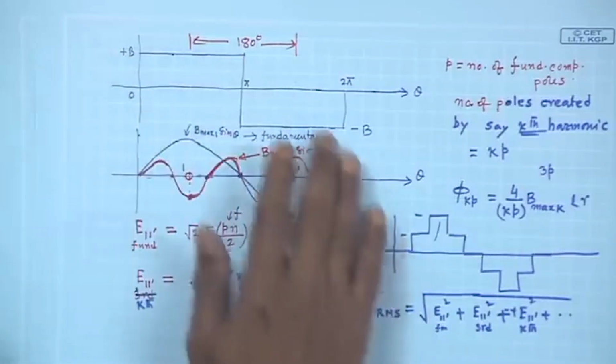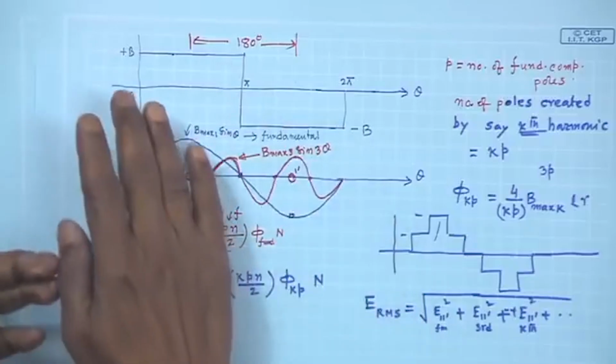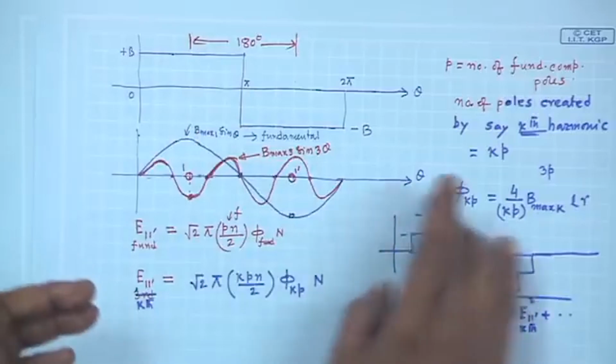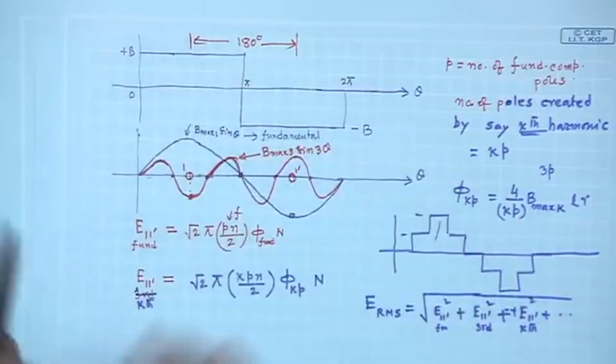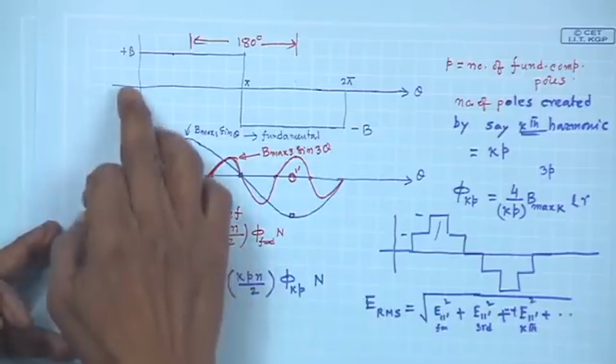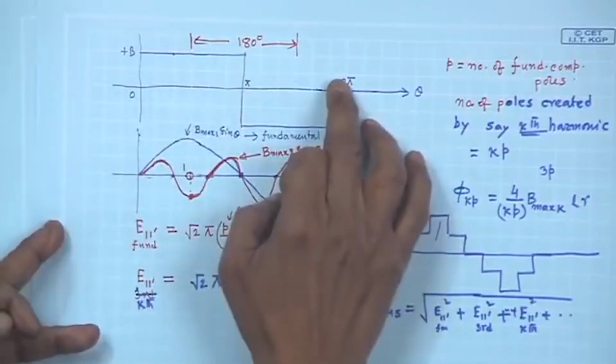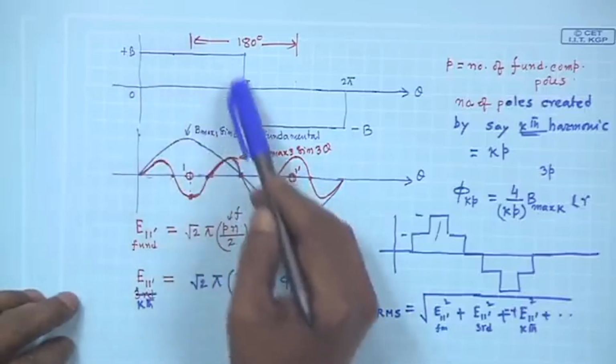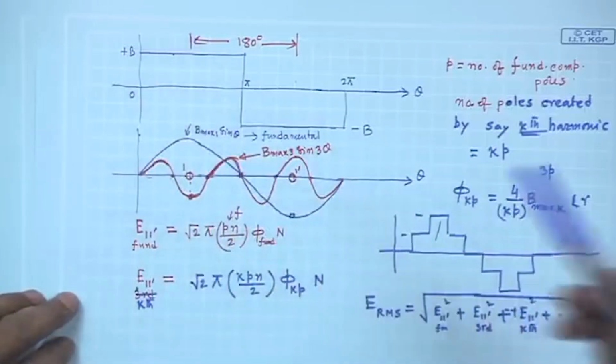So, in this lecture, to conclude, I have told another important thing: even if the B distribution is a square step type like this or this, and if you are using a single coil it will be like this only, as we have seen, then we know it can be broken up into fundamental, third, fifth and so on.